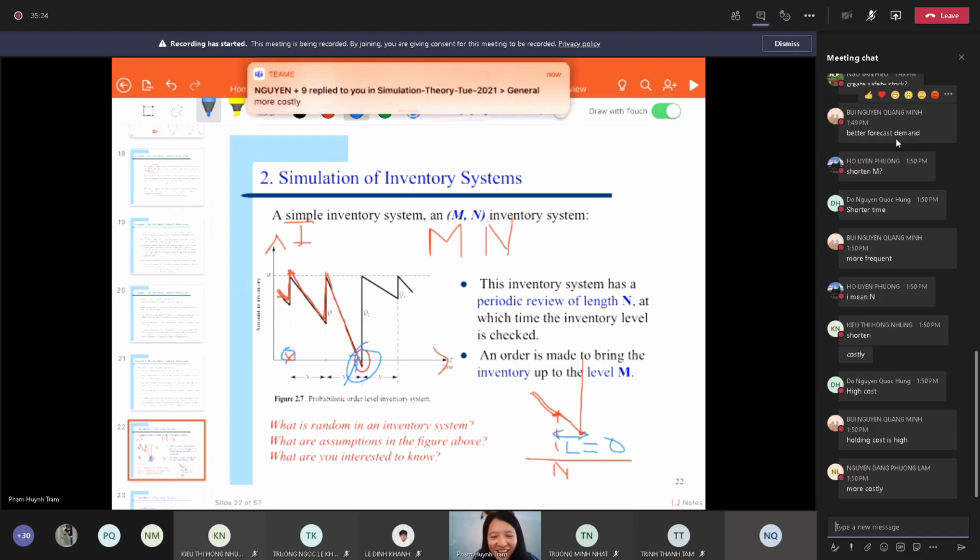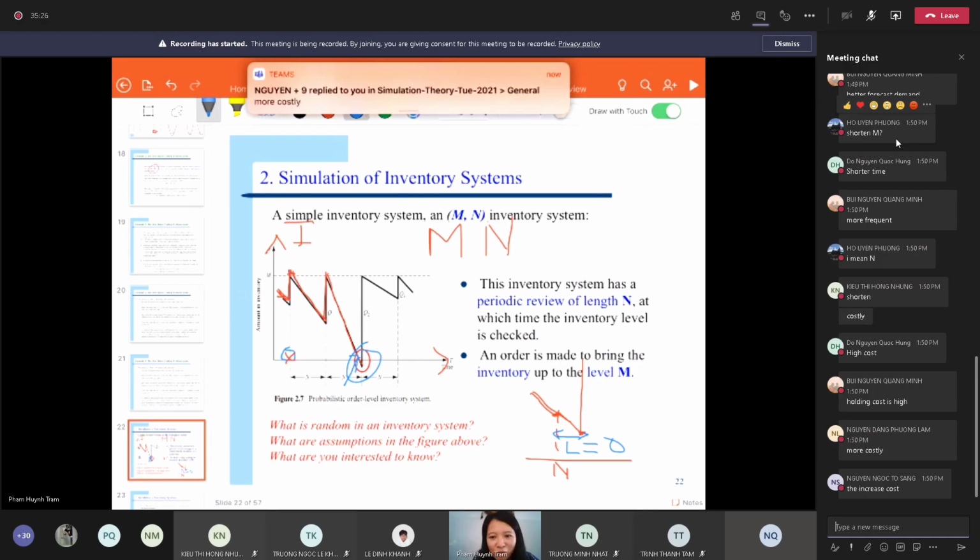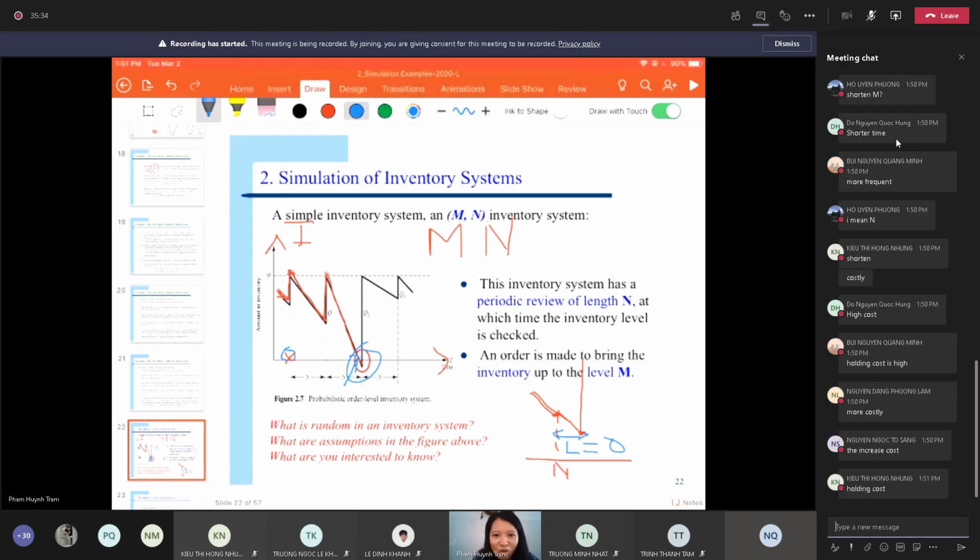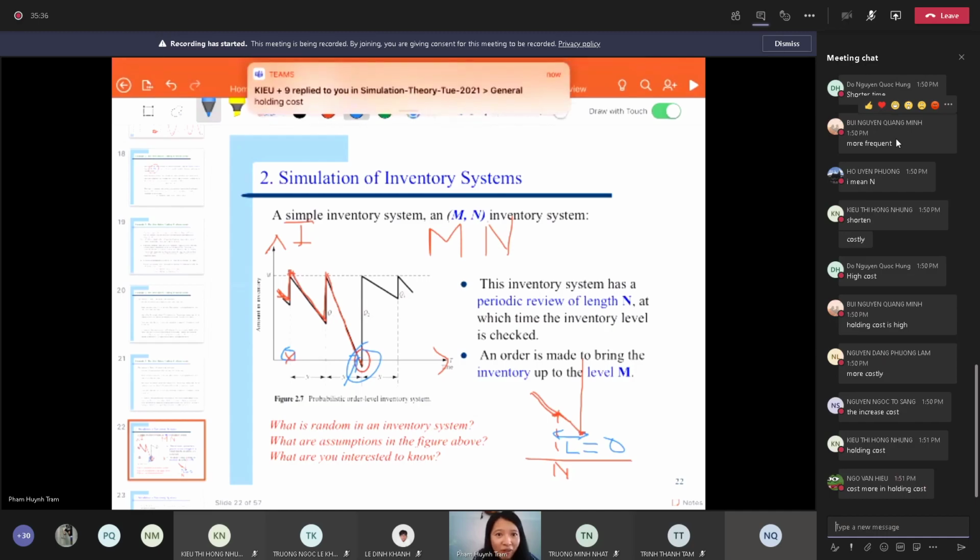Costly, that's right. So where does the cost come from? Holding cost, right? So we have to have a very large storage to store our inventory.